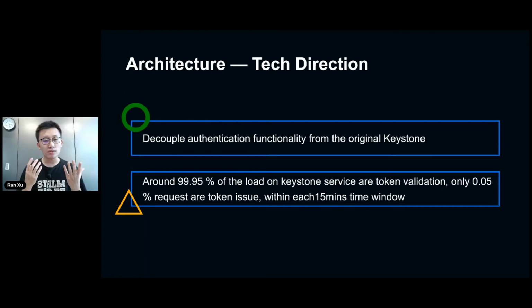But we want to keep the idea of decoupling token issue and token validation in our mind first, because splitting a service into too many microservices is not a good idea, since it will increase the complexity of service management. So before we find another strong reason, we don't want to make that decision easily.